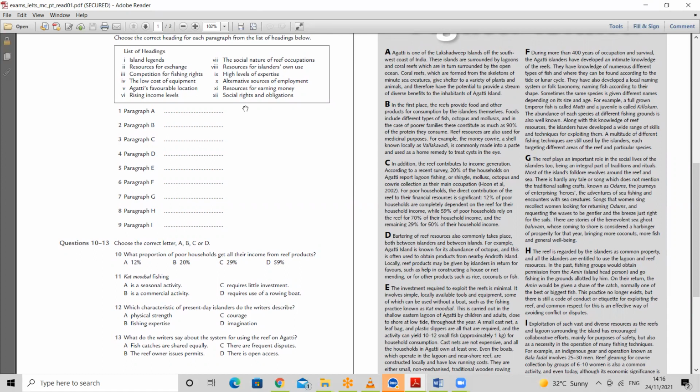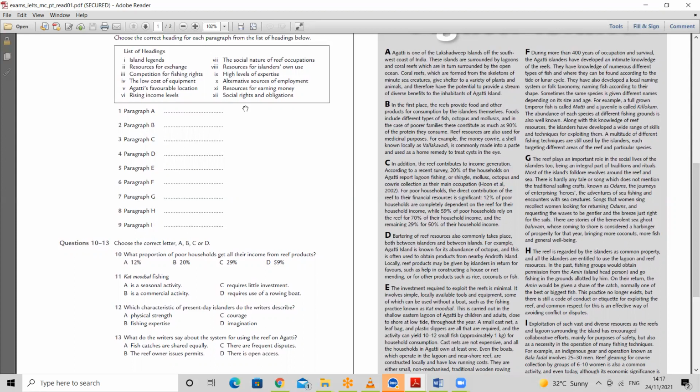In case of deciding what should be the right heading for each paragraph, my strategy would be to look at the list of headings and identify the important signals, the keywords, the important words that will help me decide what the right answer should be as I go to the text, and then I read the paragraph very quickly.